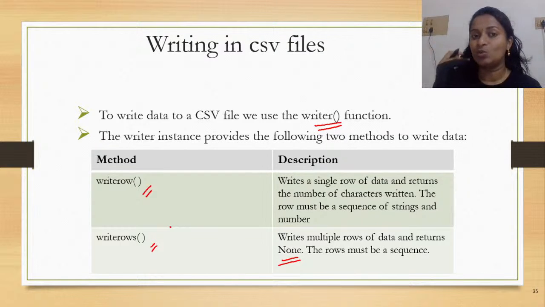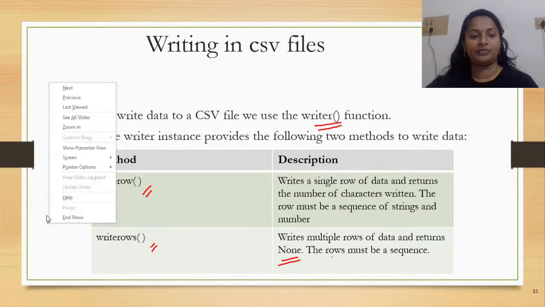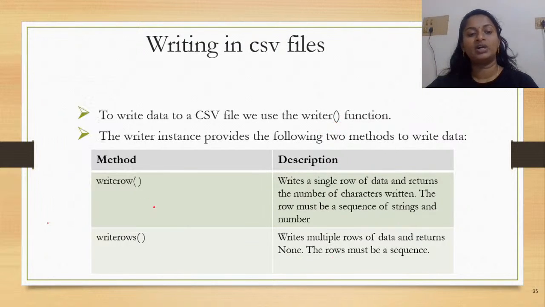It is not just one by one, but multiple rows of data in one go. So together you can write the entire content. And what is the mandatory thing? The rows must be a sequence. So it has to be stored in some form of sequence, like we discussed for list, tuple, or dictionary.